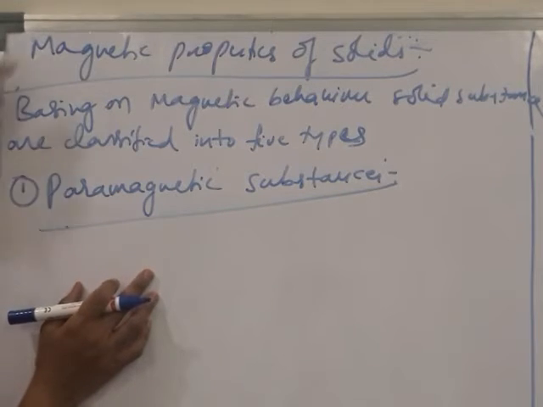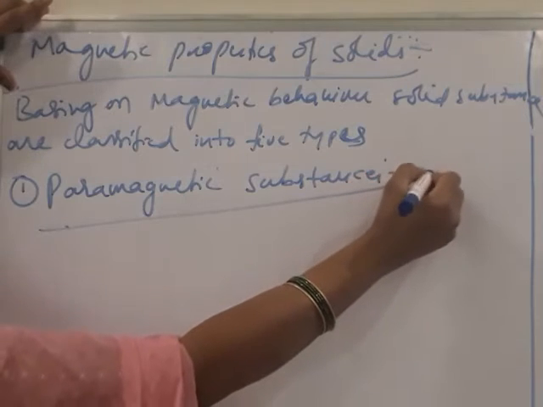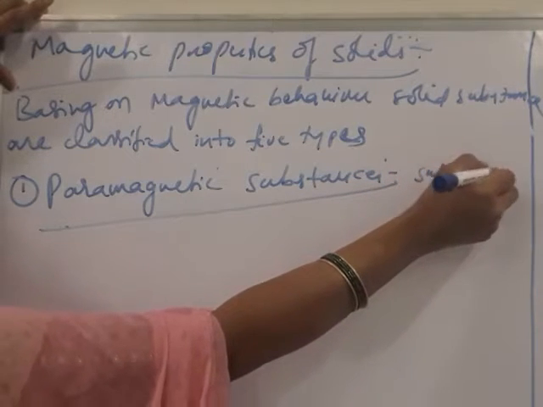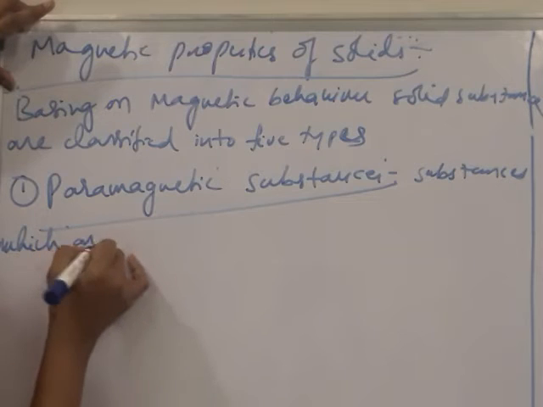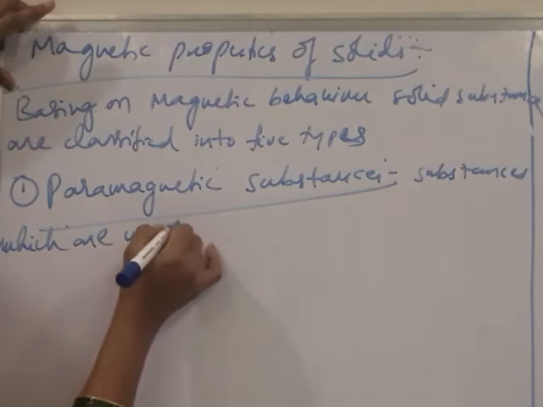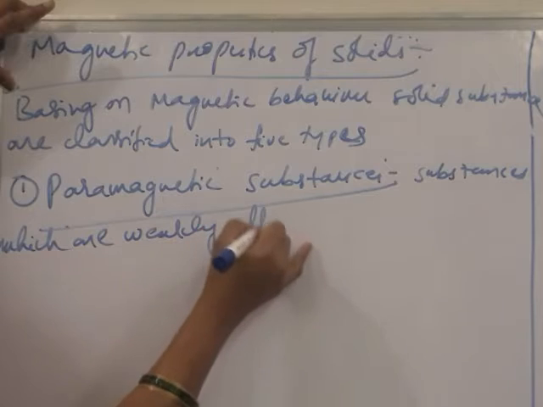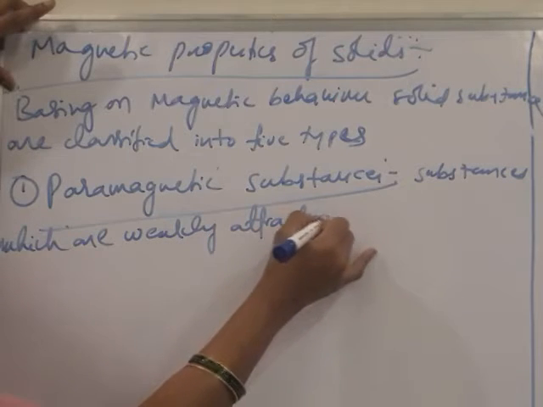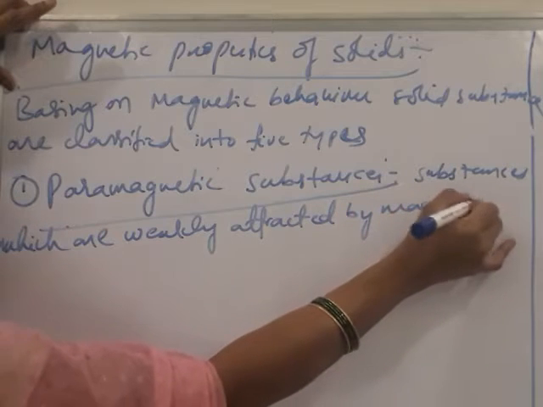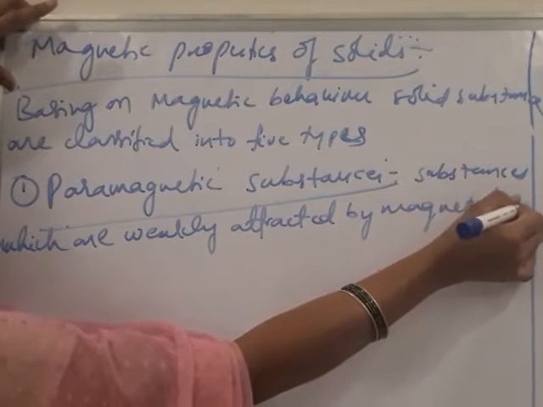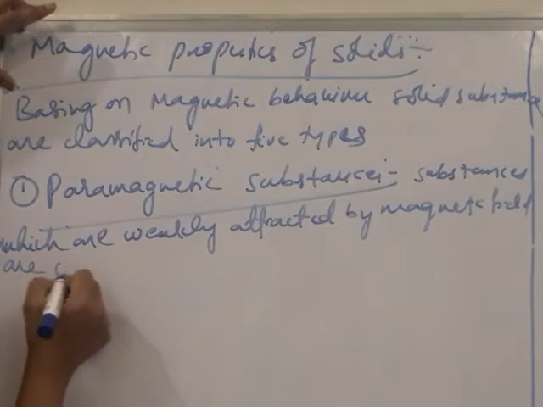So paramagnetic substances are substances which are weakly attracted by magnetic field.